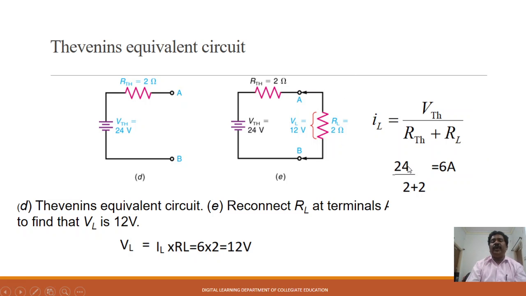Substituting VTH is 24 volts, RTH is 2 ohms, and the load resistance is 2 ohms, we get 6 amperes of current flowing across the load resistance.